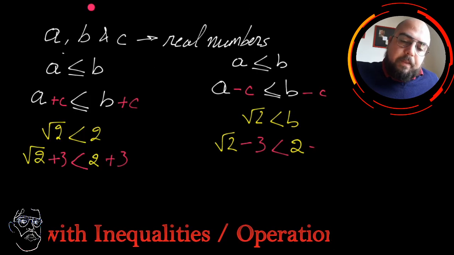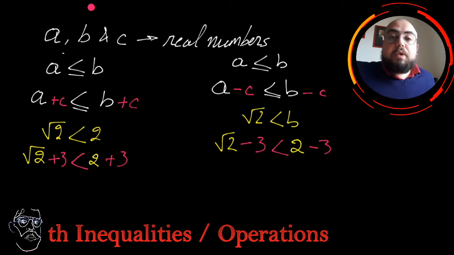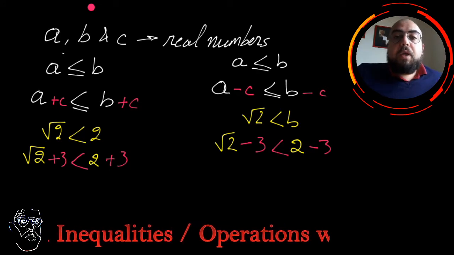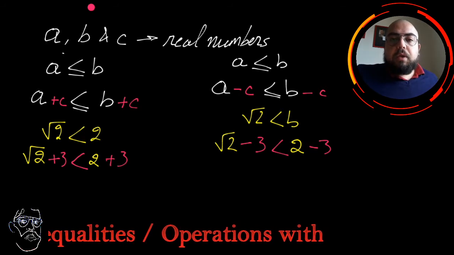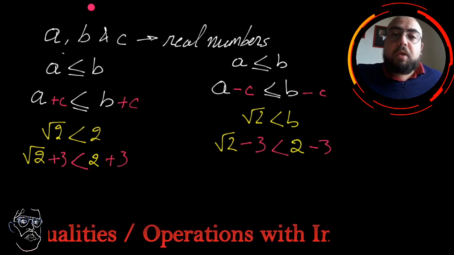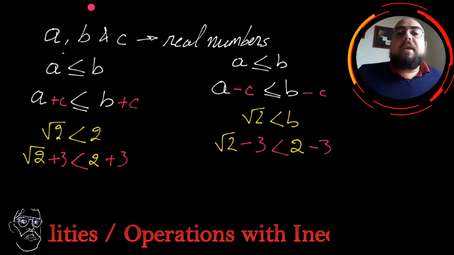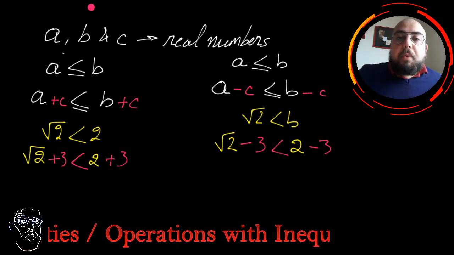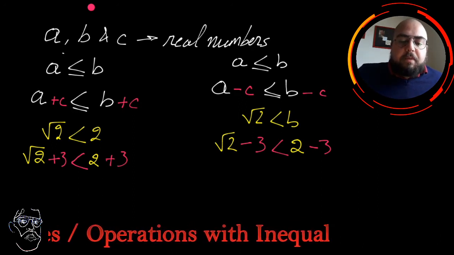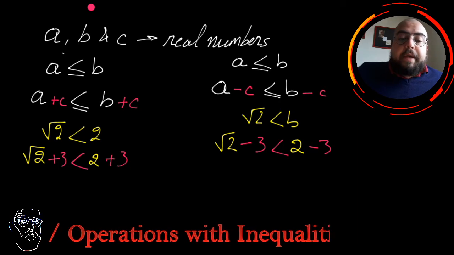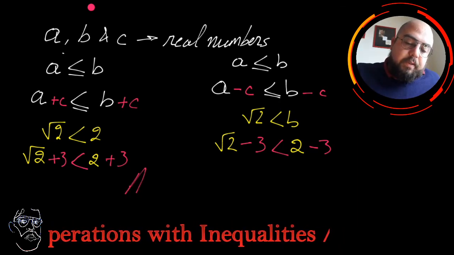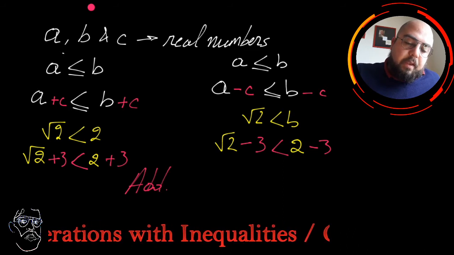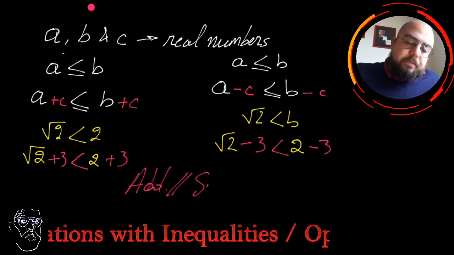In fact, the square root of 2 is 1 point something, minus 3 it will be minus 1 point something. 2 minus 3 is minus 1. So minus 1 is greater than minus 1 point a certain decimal. This is the part related to addition and subtraction.